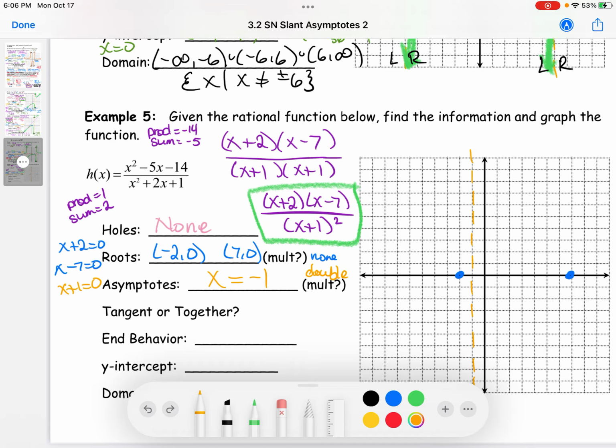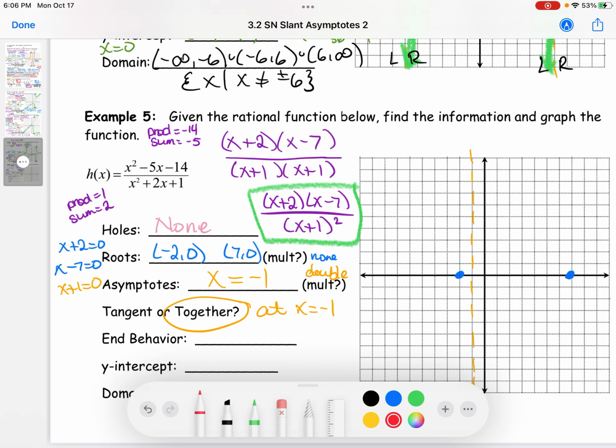This was a squared factor. So that makes a together at that vertical asymptote of x equals negative 1. So the left side and right side of this vertical asymptote will come together. The two sides will point the same direction. And we'll figure out what that direction is once we get everything else on here.